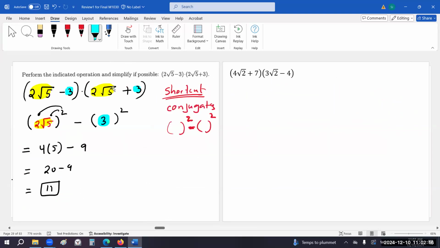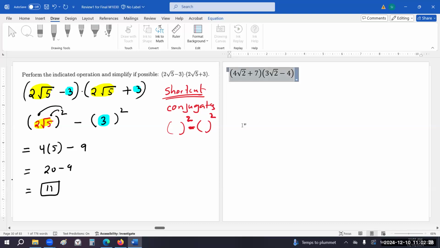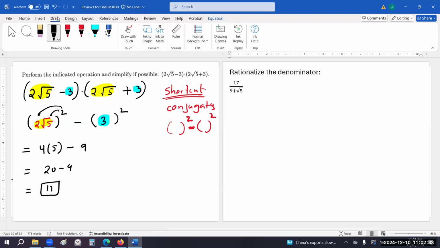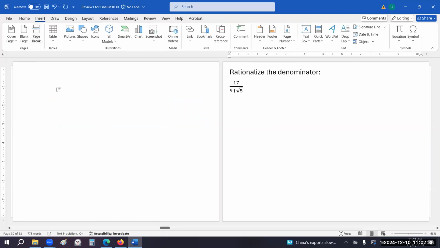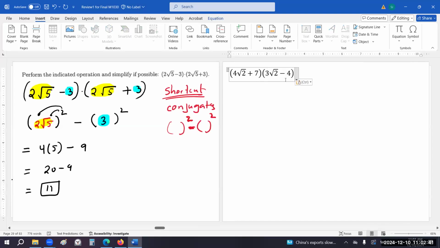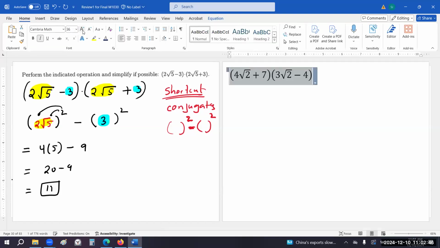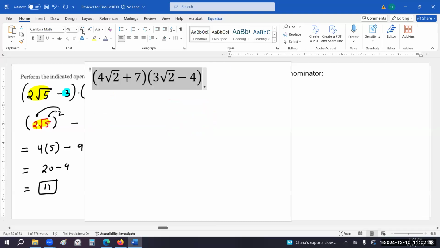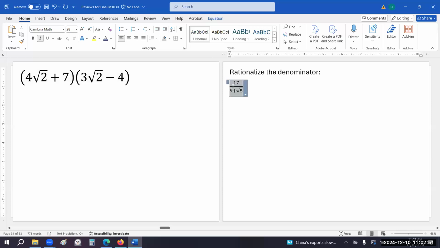Okay, the next question. 4 radical 2 plus 7, times 3 radical 2 minus 4. So make this bigger.